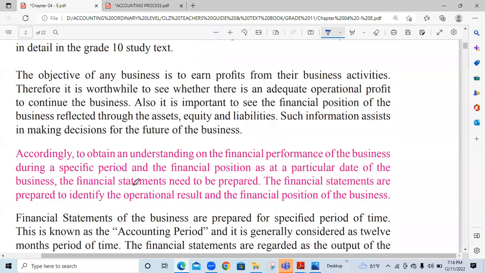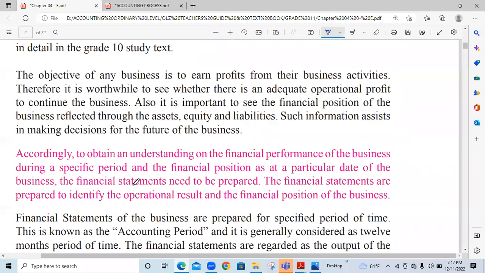The objective of any business is to earn profit from their activity. So guys, if anyone says I'm starting a business, of course you understand. When someone says, I'm going to start a business, will you think this person is going to start a social service? Or is the first thing that comes to your head that he's trying to earn some profit?